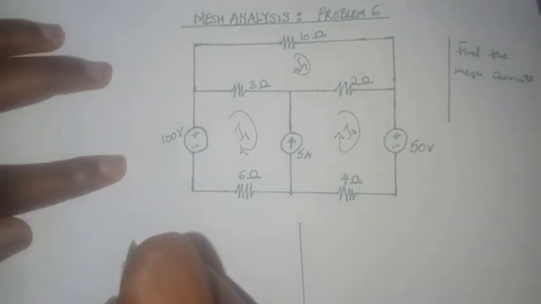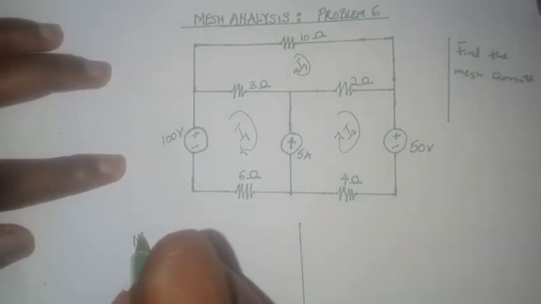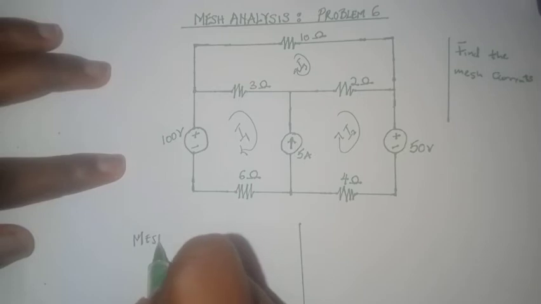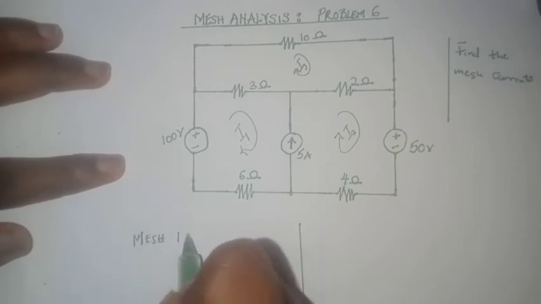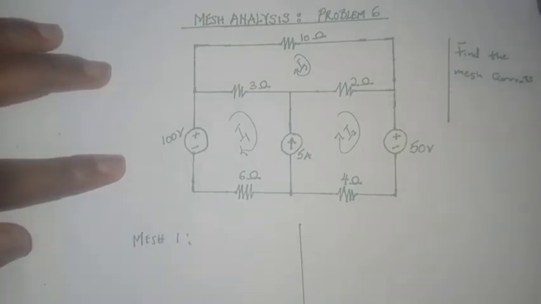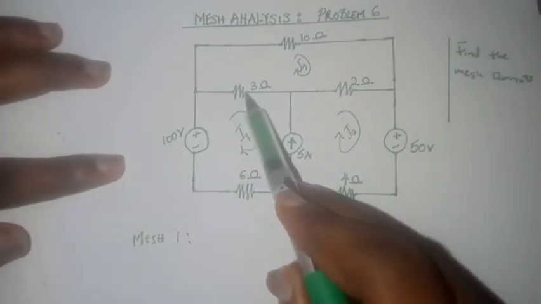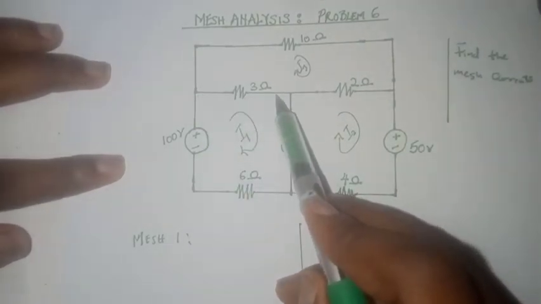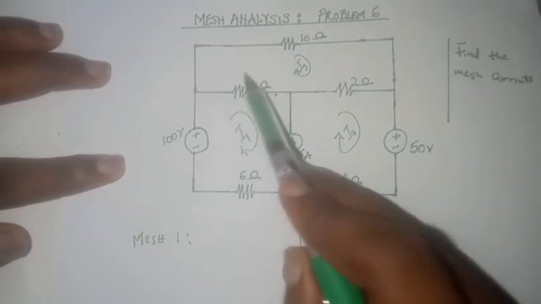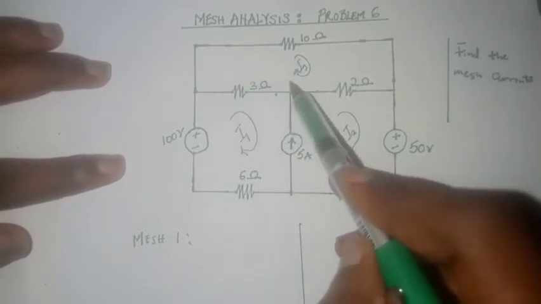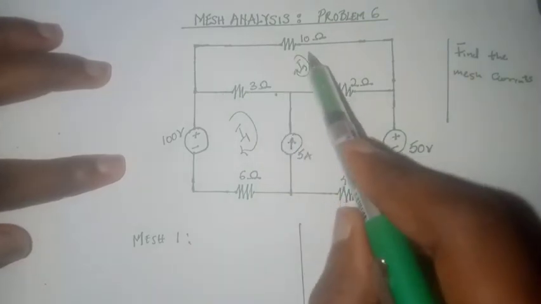So in mesh 1, we start from A, and we have current I1 flowing through the 3 ohm resistor, but it is being opposed by current I3.